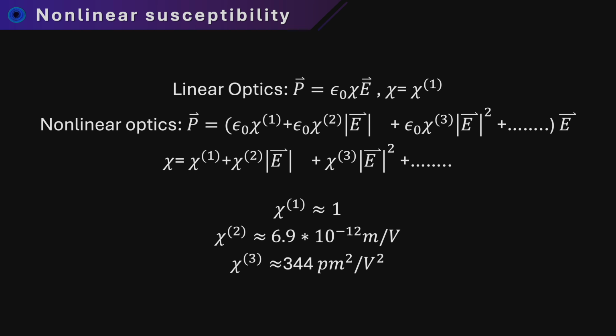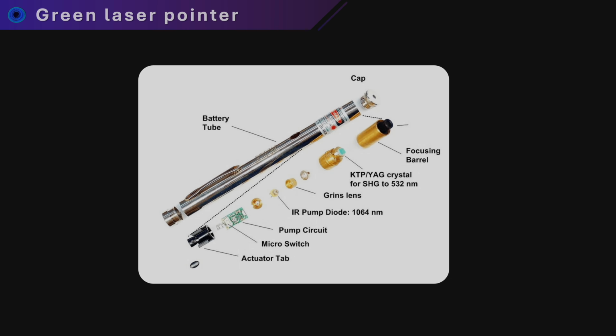That's when you start to see all sorts of beautiful, surprising phenomena, like the frequency doubling I showed you earlier in the demonstration. And here's a fun trivia for you. Whether you realize it or not, all of you have probably used a nonlinear optical device at some point. Any guesses? It's a green laser pointer. Now, here's the secret. The actual laser inside the pointer is not green.